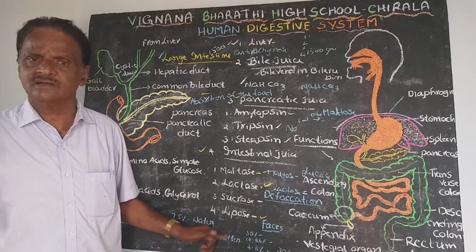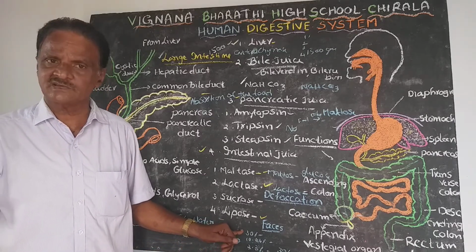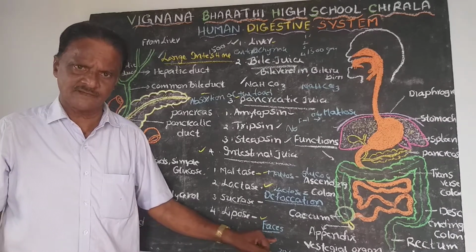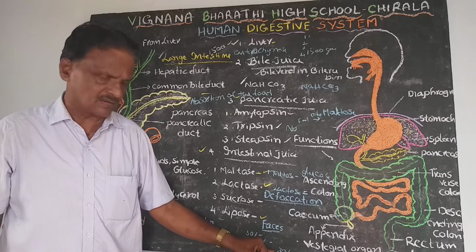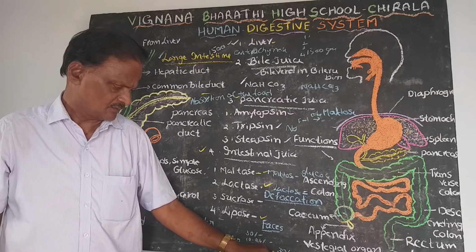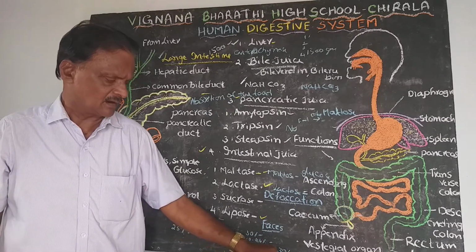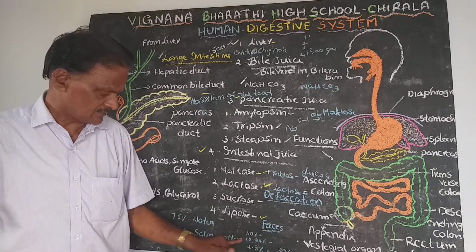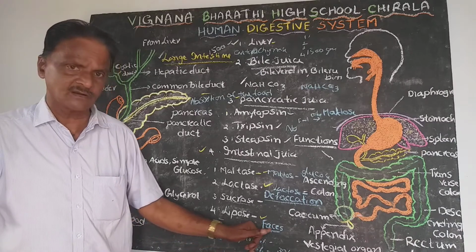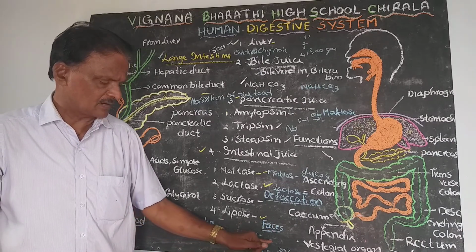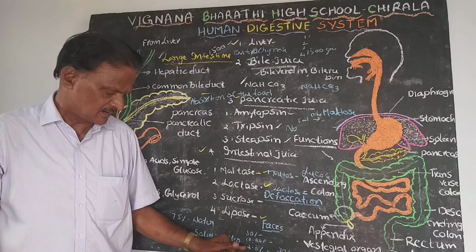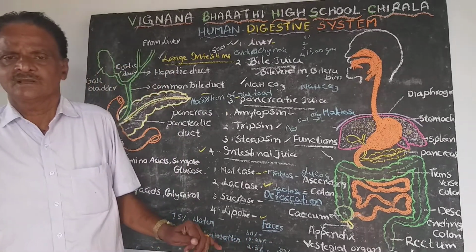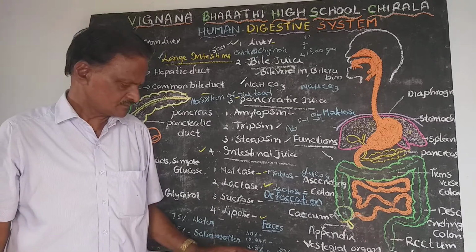The solid matter contains 30% dead bacteria, 10 to 20% fats, 2 to 3% proteins, and 30% roughage.